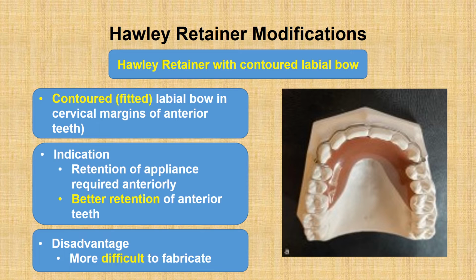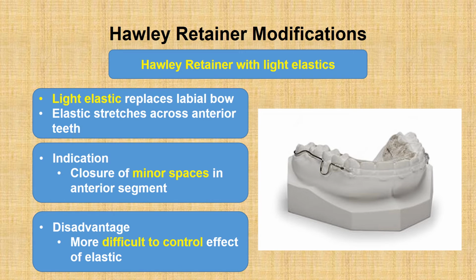Okay, and it also gives better retention of the anterior teeth from relapse because the bow is closely adapted to the labial surfaces of the teeth. The disadvantage is it is more difficult to fabricate.